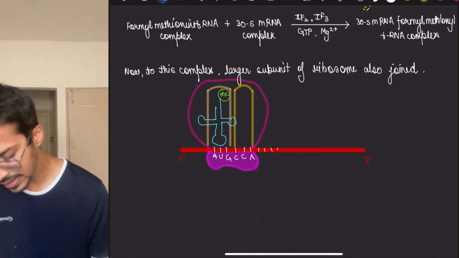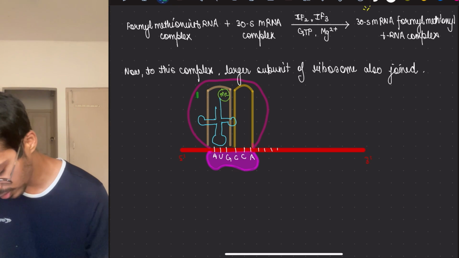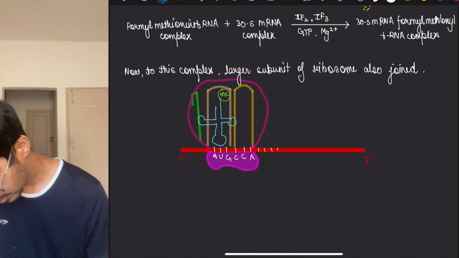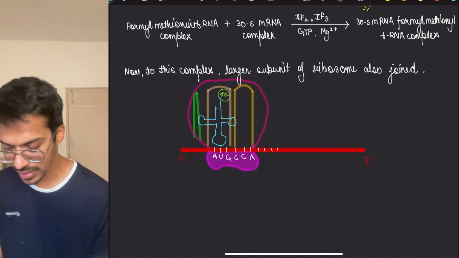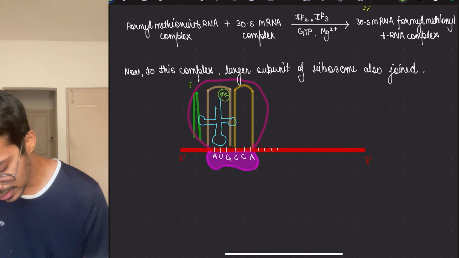And since this is a 3D structure, at the back there is one more site which I'm just making over here. Okay, so these are the three sites which are present. Let's name it. This green color site is called E site, which is called exit site.